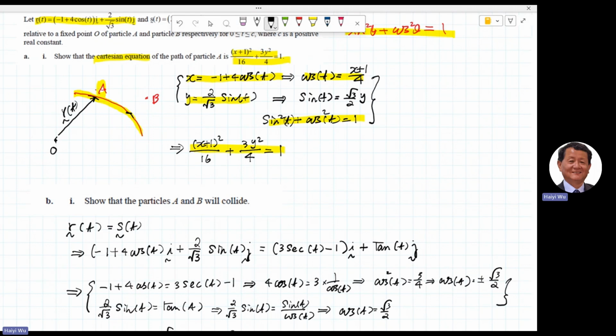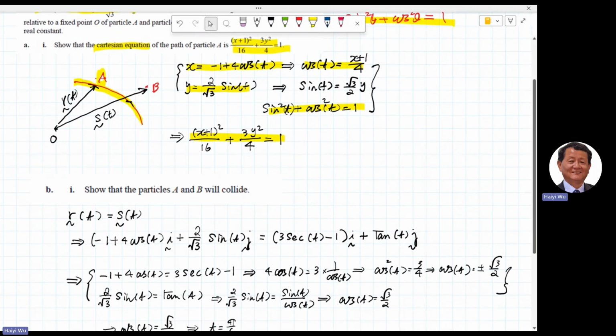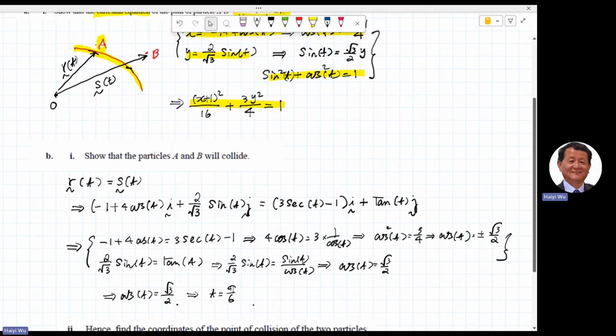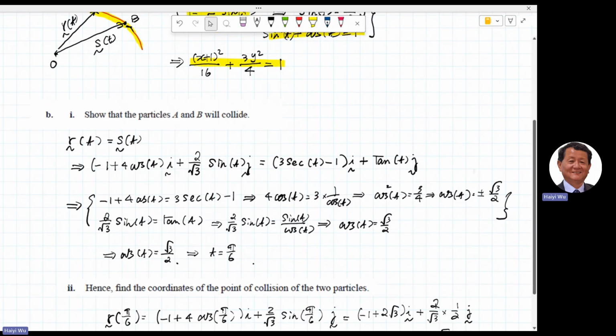This is the second function, s(t), the second vector function, which is OB. We want to prove those two points will collide eventually somewhere.